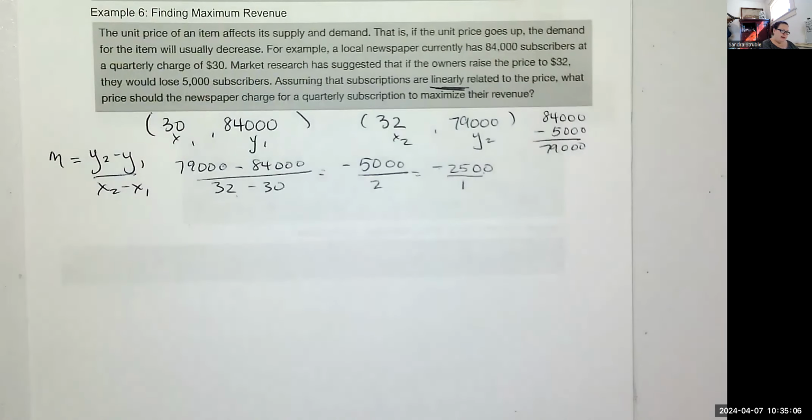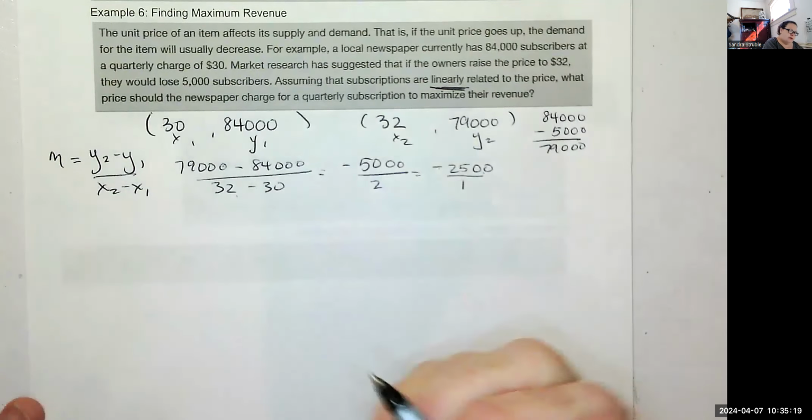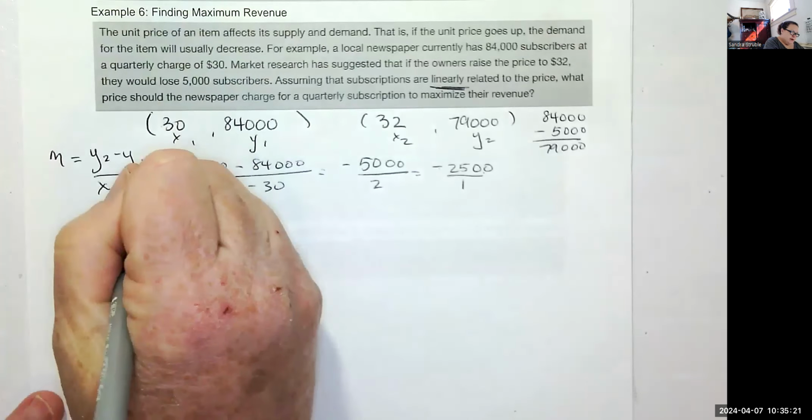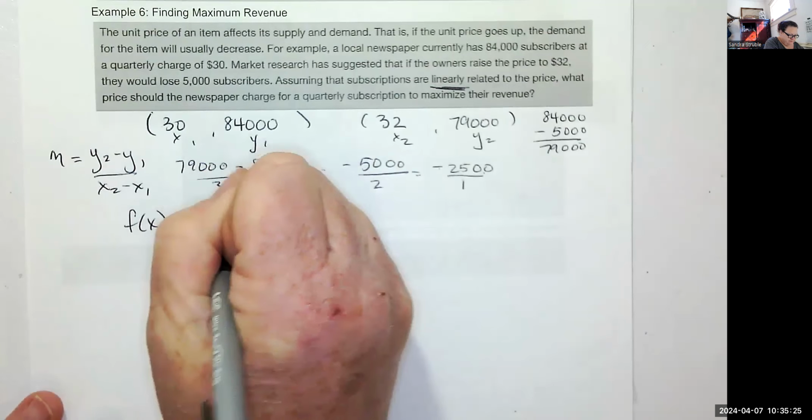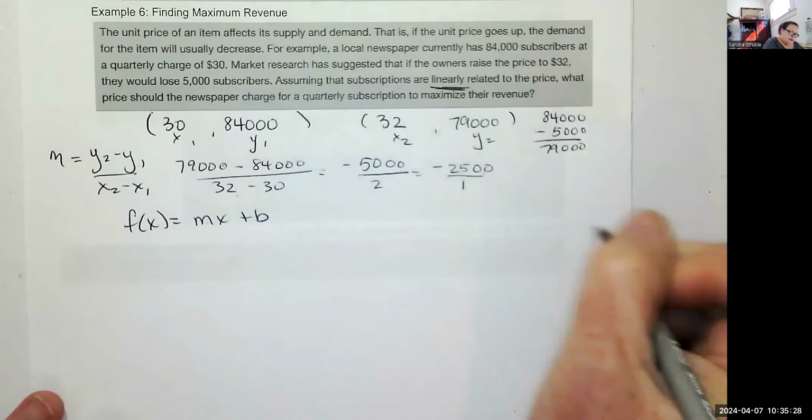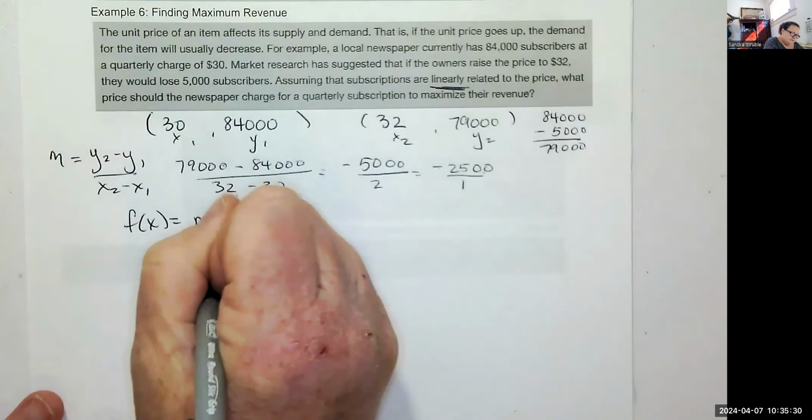Let's create a linear function. I'm thinking let's just choose letters. We need to have f of x is mx plus b. Our rate of change is negative 2,500.